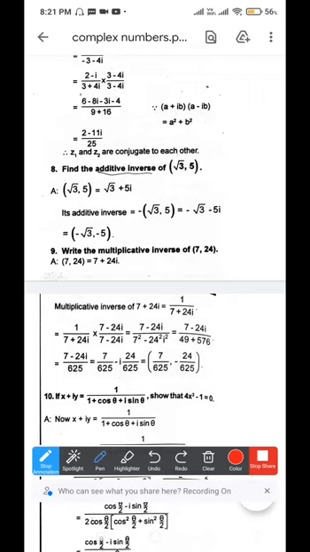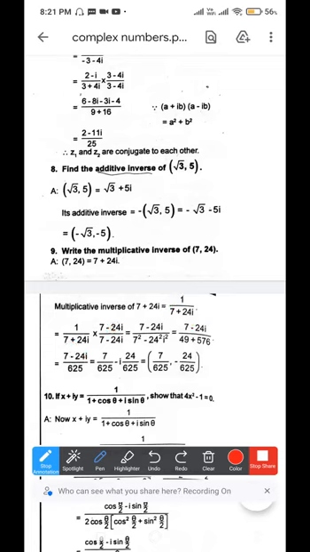So what is the multiplicative inverse of 7 + 24i? It is nothing but 1/(7 + 24i). Now rationalize. You are having a plus sign over here, so you will just put the minus sign and then multiply.